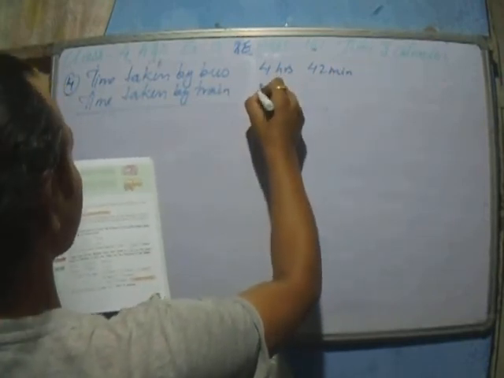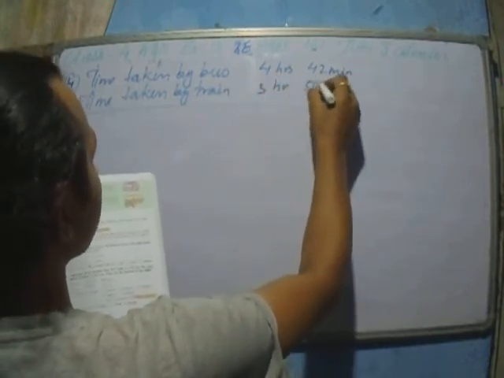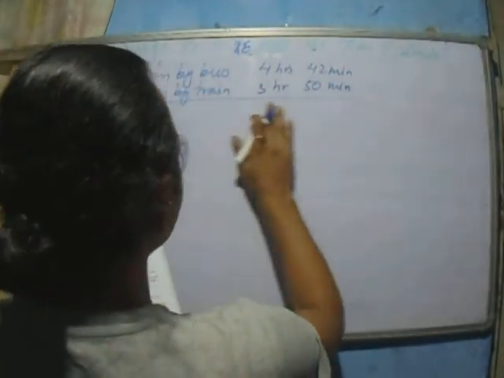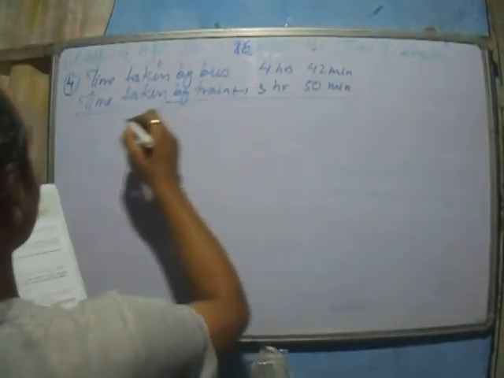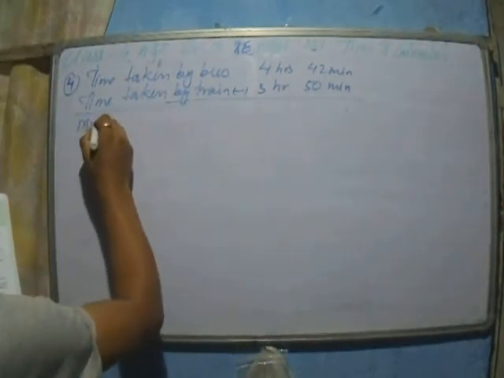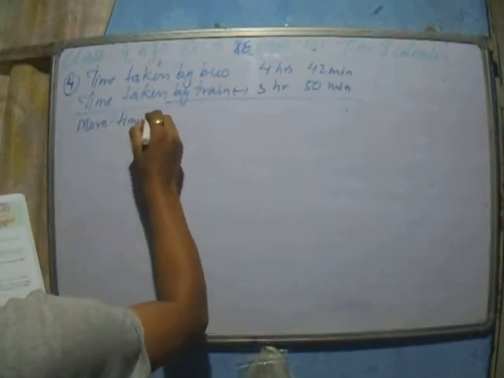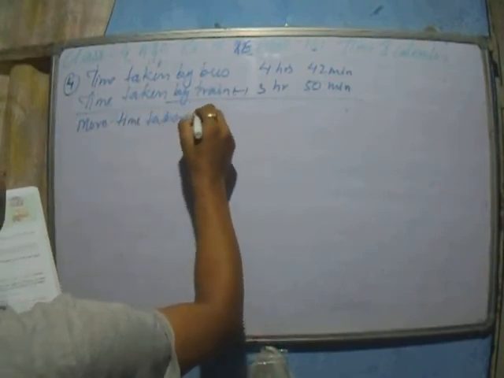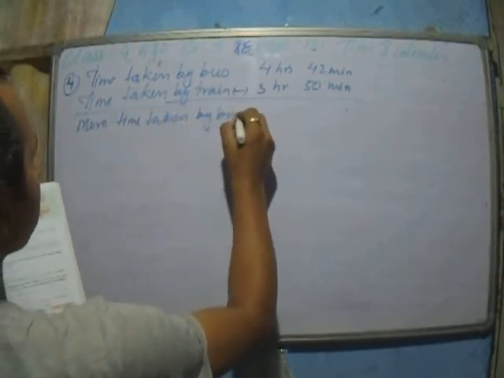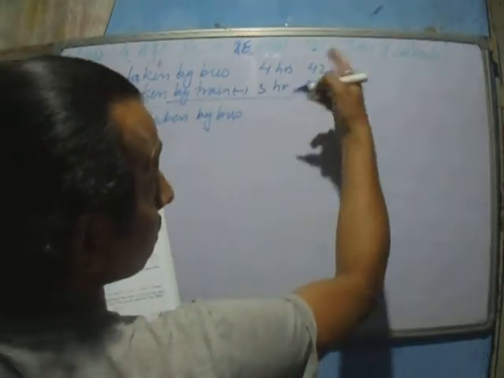Then another is 3 hours then 50 minutes. So we have to keep in mind we need to subtract out here. So more time taken by bus. So here we have to subtract.